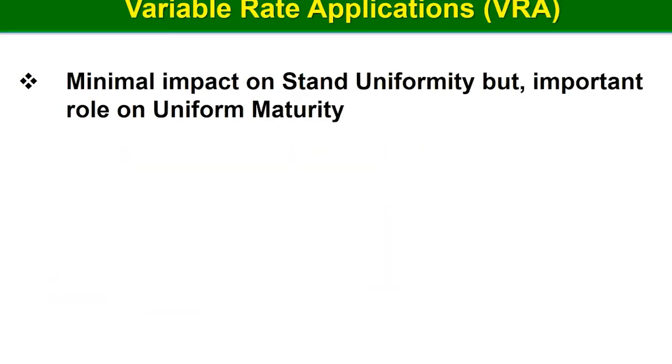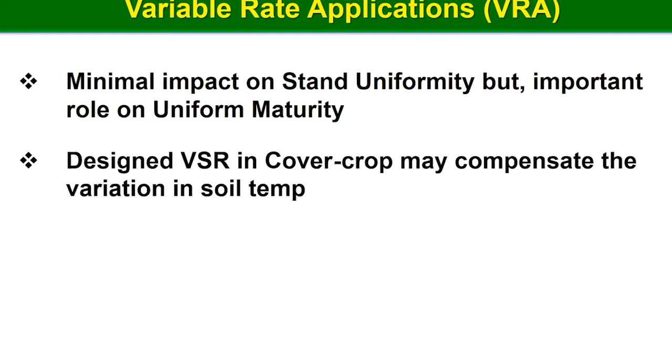So we have all of this information, and with this information, if we want minimal impact on uniformity of stand, we can have variable rate application of cover crop, or we can change.